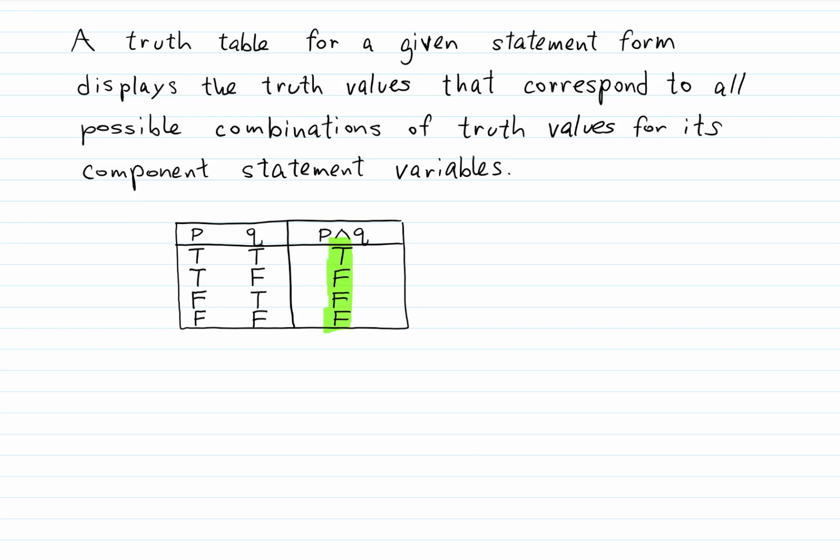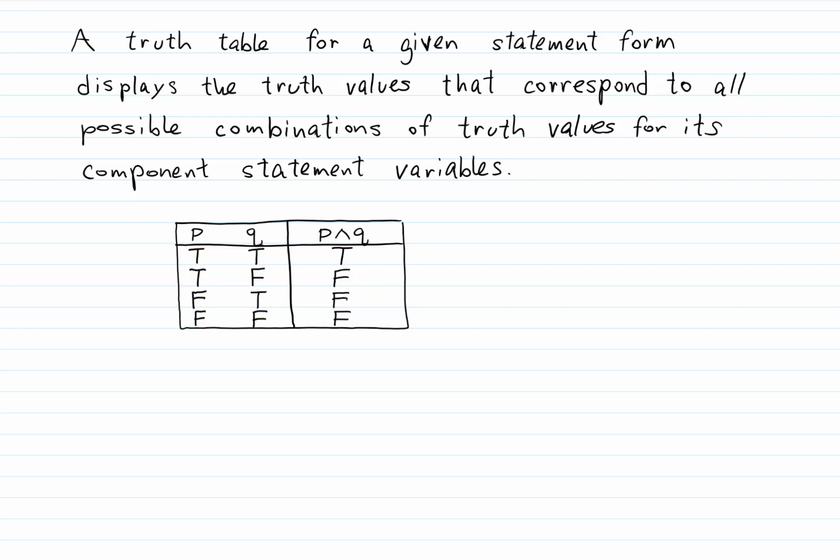What you do need to do is memorize the pattern of those T's and F's in relation to these T's and F's. You can put the rows in any order you want, as long as when P and Q both have a T, P and Q should have a T. And in all other cases, P and Q should have an F.